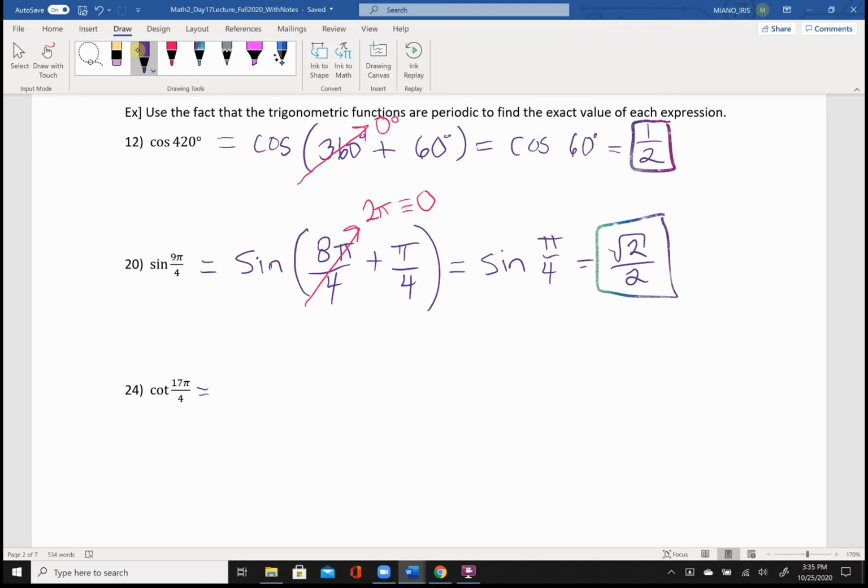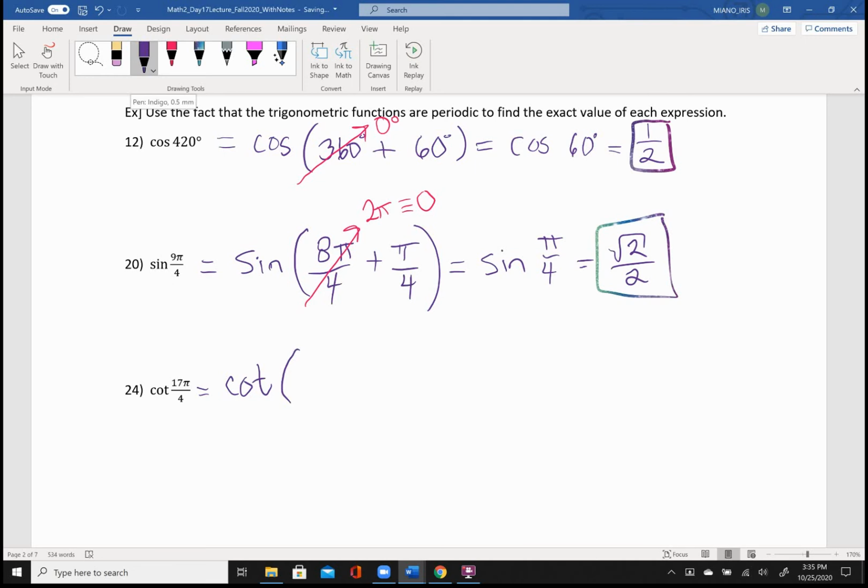So denominator of 4 down there, it looks like I would want the largest multiple of 4 in the numerator for the number of pis that I want to separate out. And then we'll deal with the fact that it's a cotangent. It's one of those quotient functions. We'll get to that in a little bit. But for now, I just want to deal with the period business.